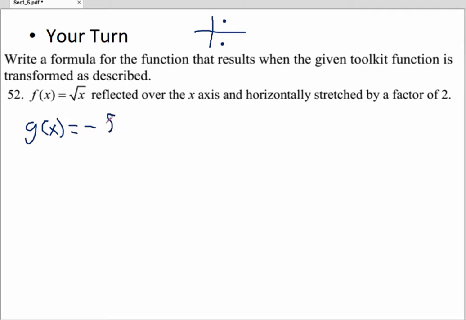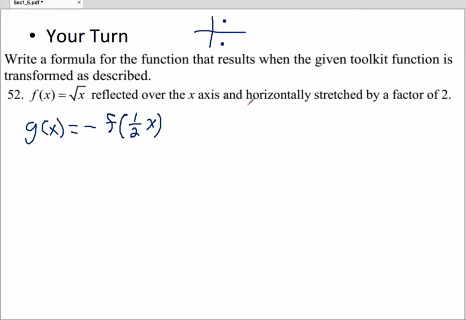So that's the opposite of f, and now it's got a horizontal stretch by a factor of 2. So that's stretched with respect to the x-axis, okay? So if the factor is 2, right, then you've got to form the reciprocal of that. So it's going to look like 1/2 of x.